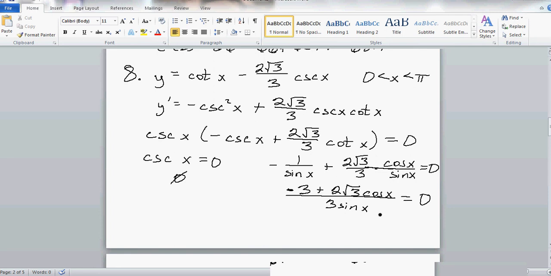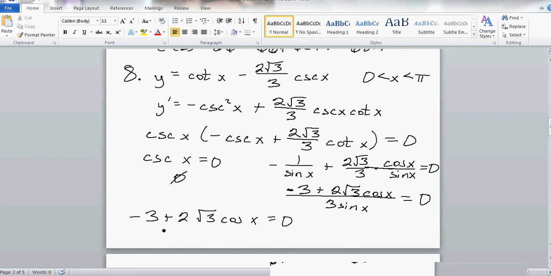The only time that this equals 0 is when the numerator equals 0, and hopefully that doesn't conflict with the denominator. So negative 3 plus 2 root 3 cosine x equals 0.